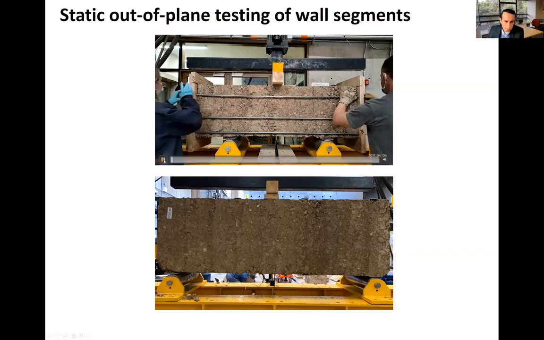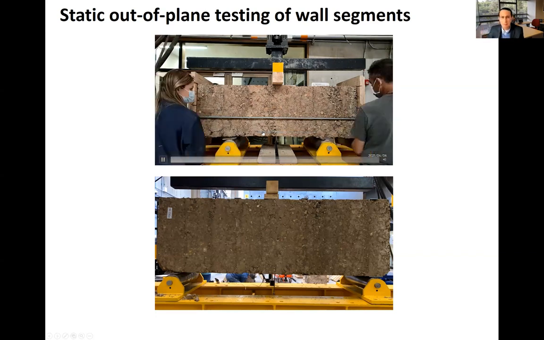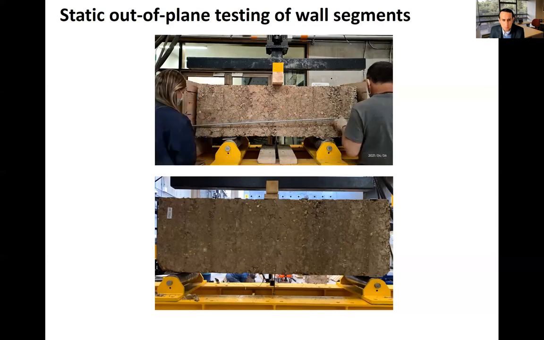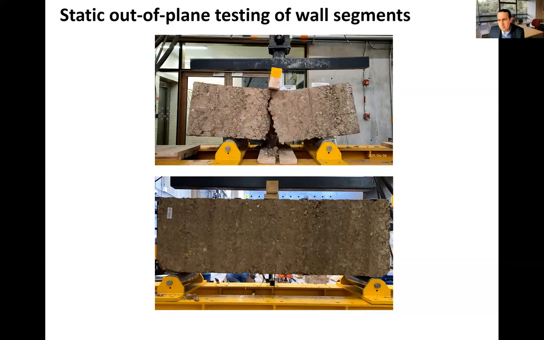So in this case, we put these elements to support the specimen before the test, and then we remove them and apply some little load, and you will see that the element will collapse immediately.